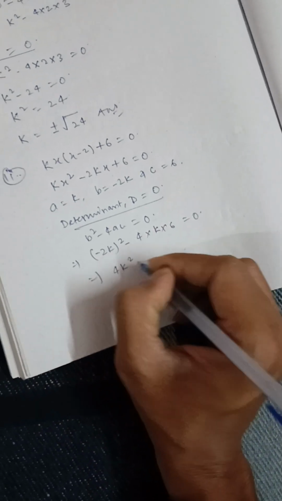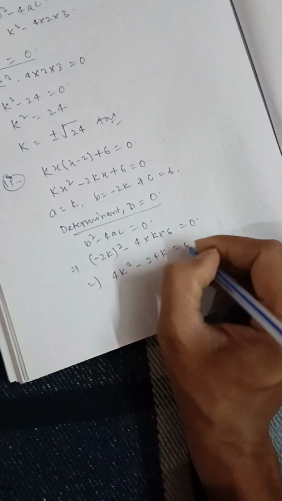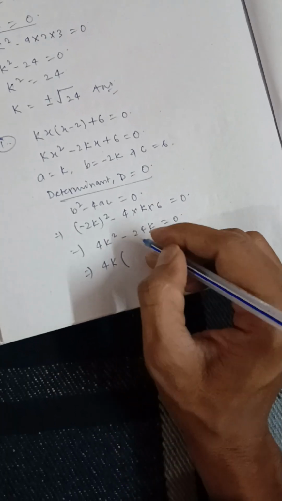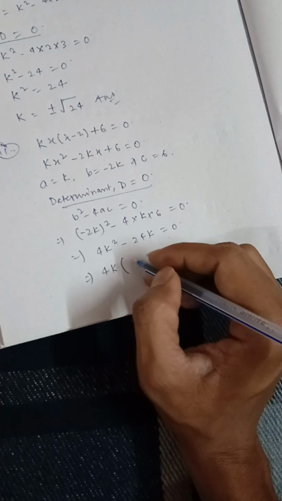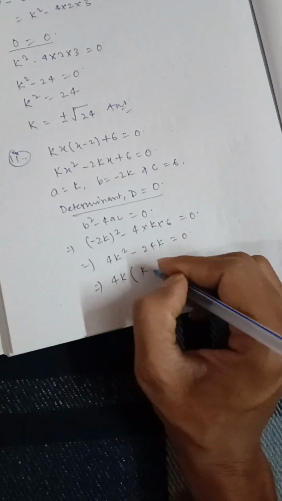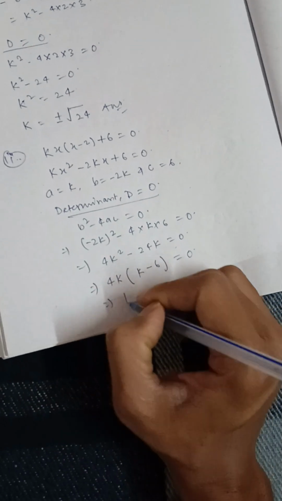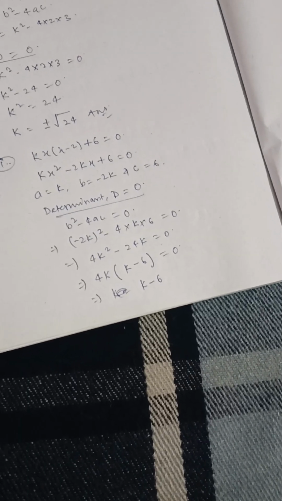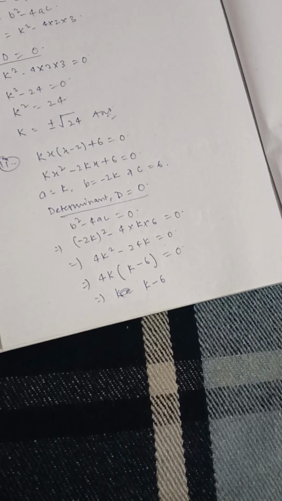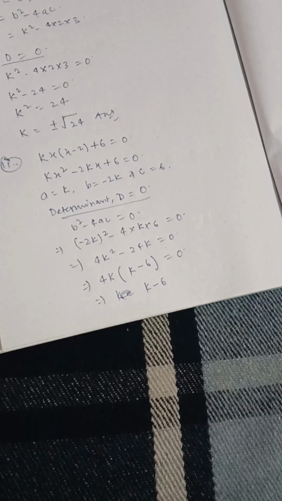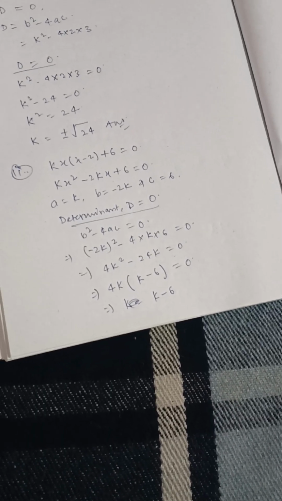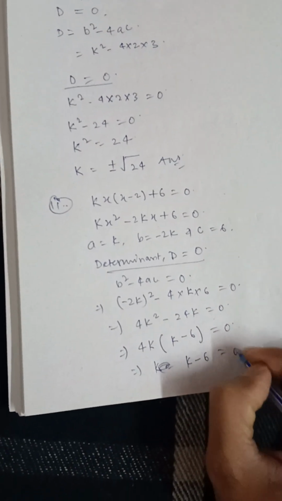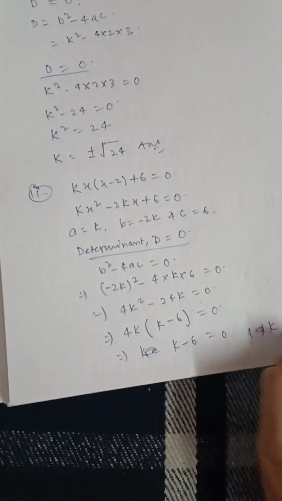Then 4k square minus 24k equal to 0, and 4k into k minus 6 equal to 0. k minus 6 equal to 0 and k equal to 6. Answer.